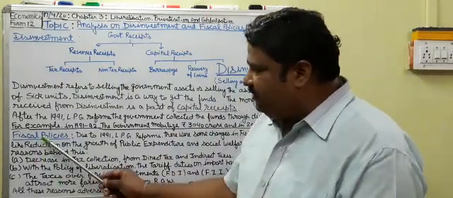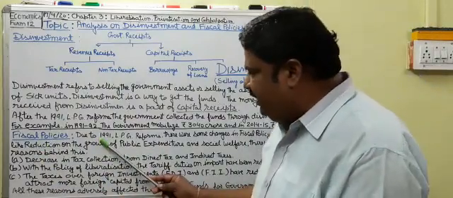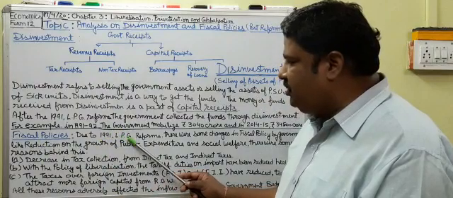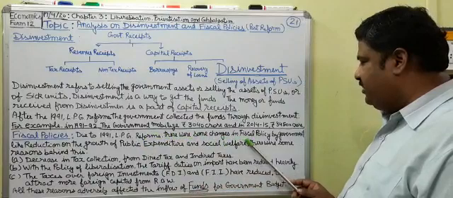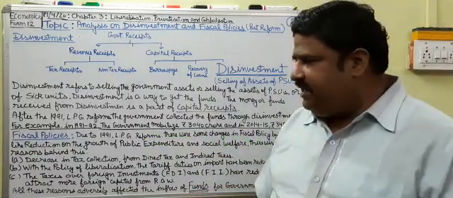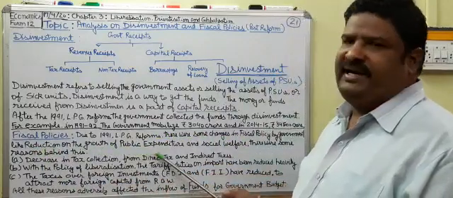Regarding fiscal policies, changes have come due to the 1991 liberalization, privatization and globalization reforms. There were some changes in the fiscal policy by the Indian government. The major change was the reduction in the growth of public expenditure.